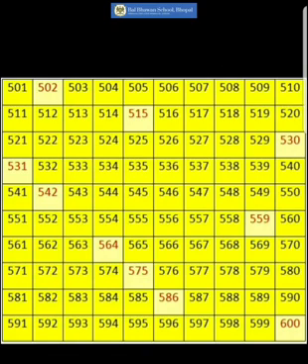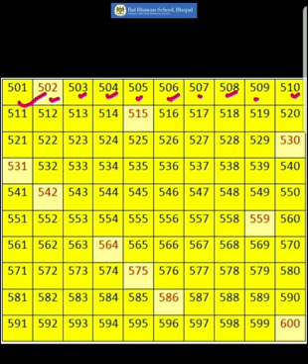So this way you have to fill the other numbers also, like after 510, see the second line, it is 511, then 512, then 513, 514, 515, 516, 517, 518, 519 and 520 and so on.